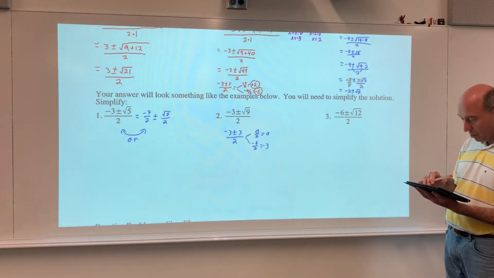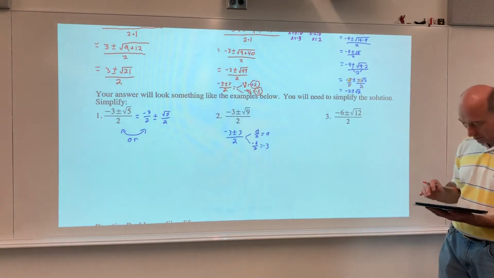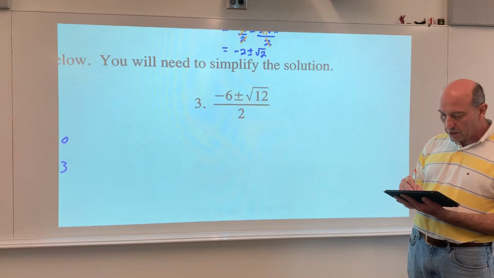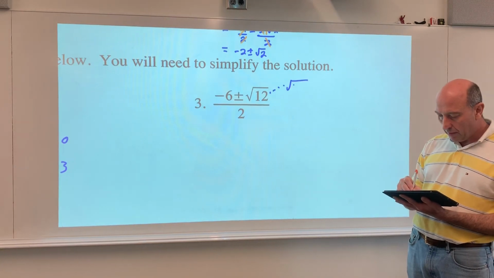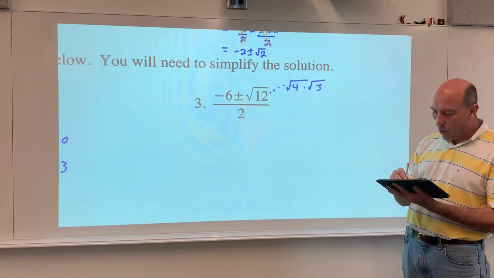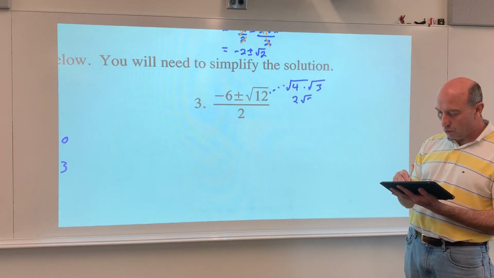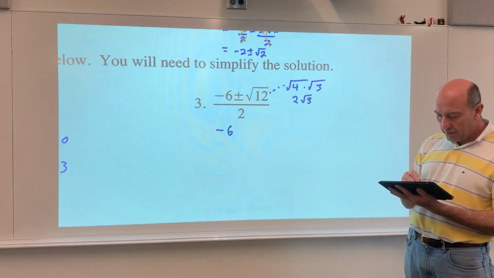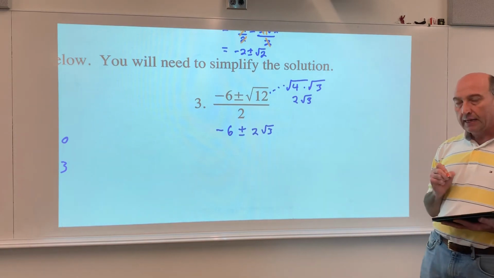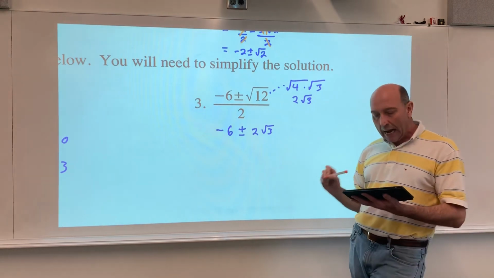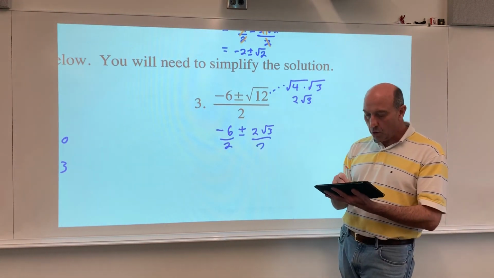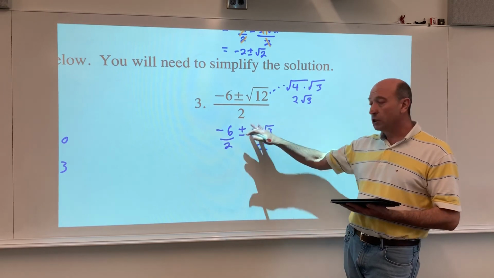Or you might have something like this. So this one, we can simplify 12 because 4 times 3 is 12, and the square root of 4 is 2. So now we have negative 6 plus or minus 2 square root of 3. Now I said distributing was optional, but here if you distribute, you can simplify, which is required.